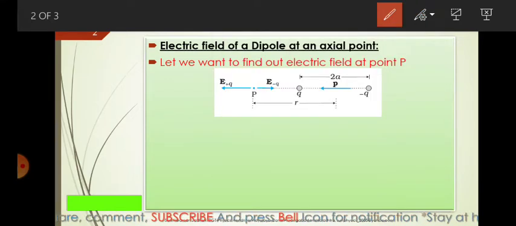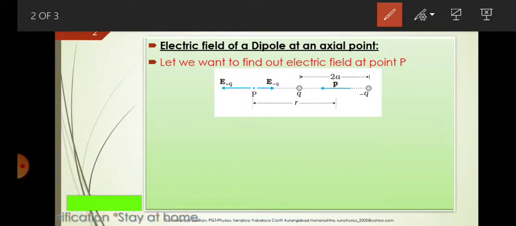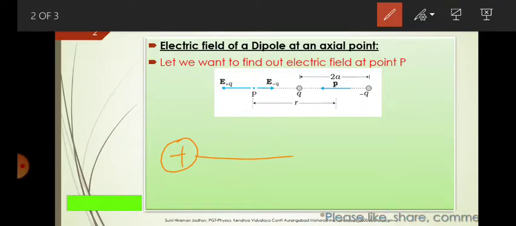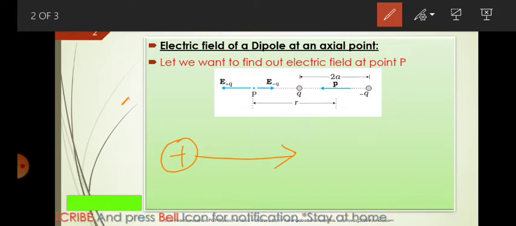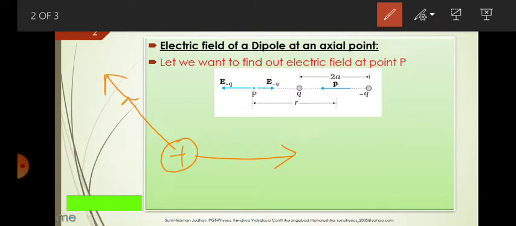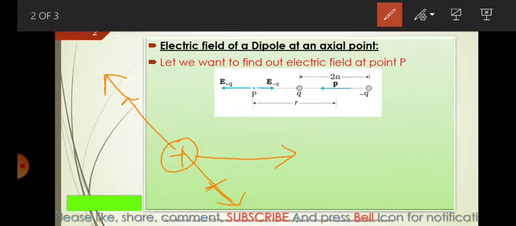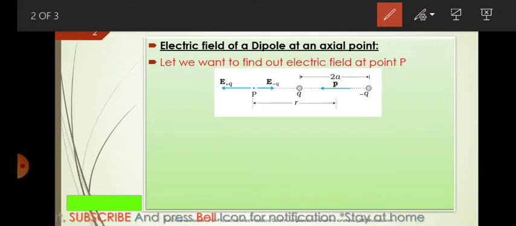So for this case we can define individually the electric fields of plus q and minus q. We know that for a positive charge, the electric field lines go away from it, and the electric field at any point around a charge is along the line joining the charge and that point. In this way we can find the electric field at any point due to a point charge.